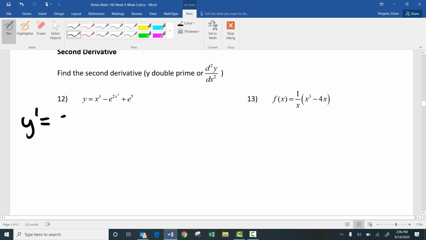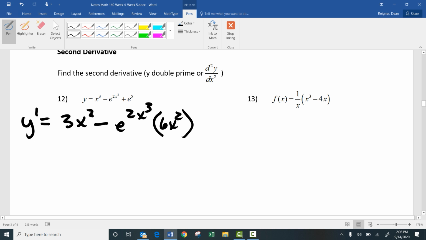Derivative of x cubed is 3x squared. Minus, the derivative of e to the 2x cubed: e to the whatever is e to the whatever, then you need the derivative of the exponent. The derivative of 2x cubed is 6x squared.